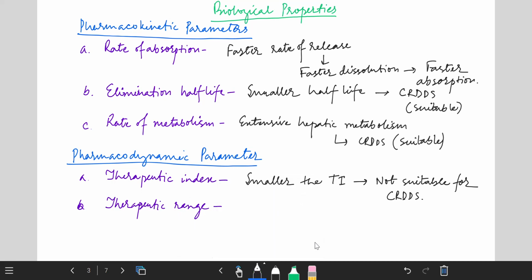So a wide therapeutic range is suitable for CRDDS. These are the parameters I have tried to describe in a small note.